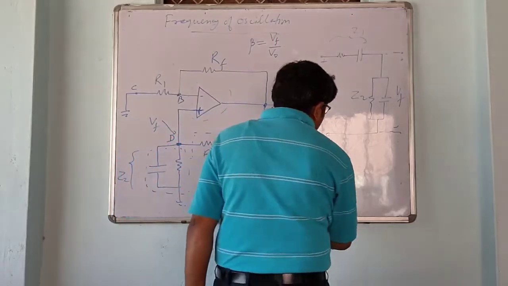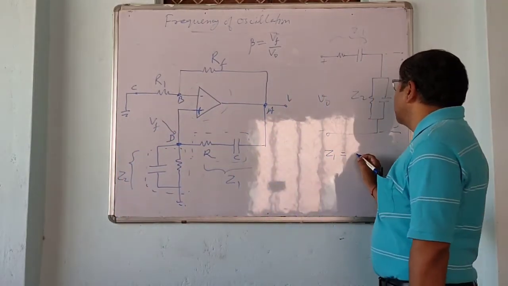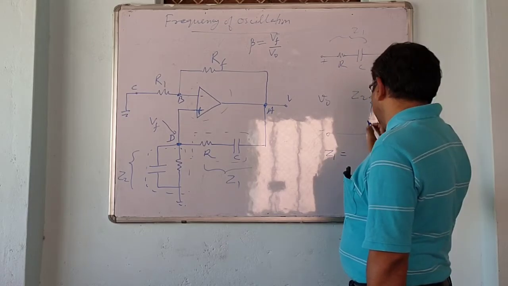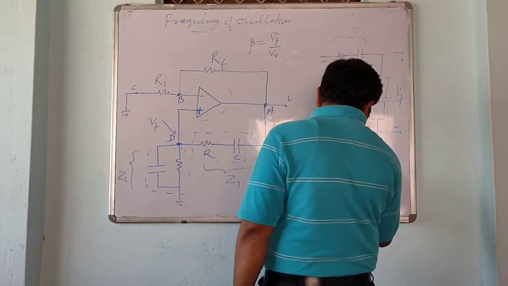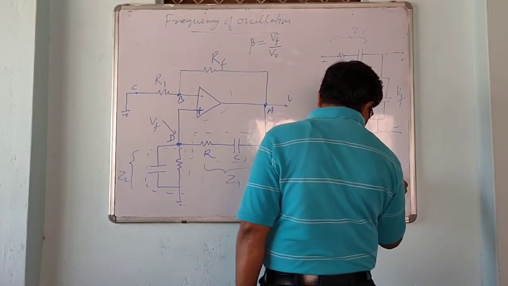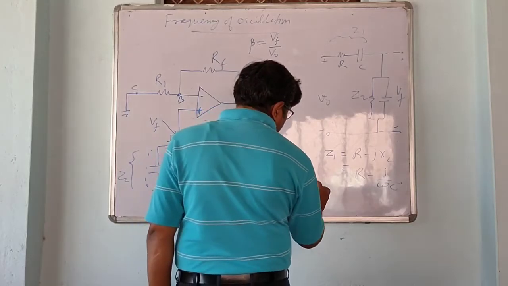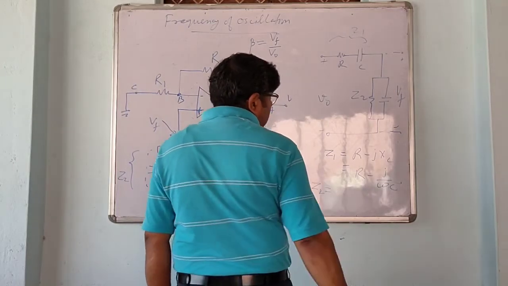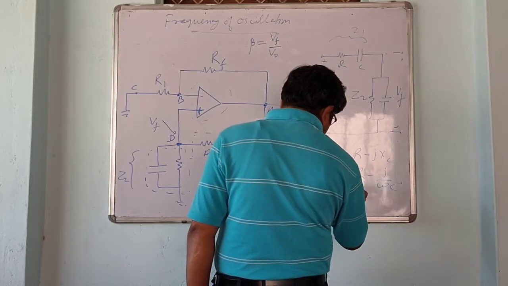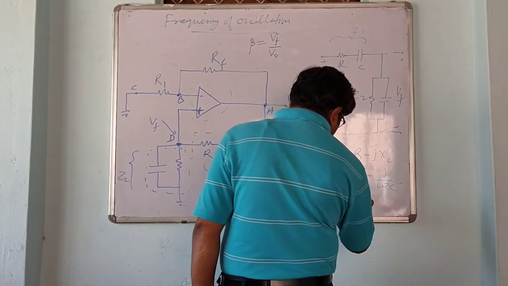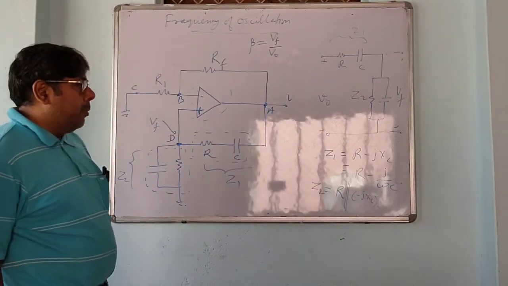Now what is Z1 and what is Z2? Z1 is the series combination, that is we can write R minus jXC. You can also write R minus j upon omega C. And what is Z2? Z2 is the parallel combination of these two, that is R in parallel with minus jXC. These are the two impedances.